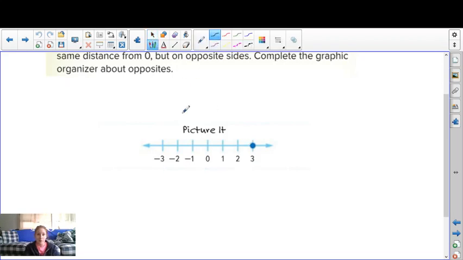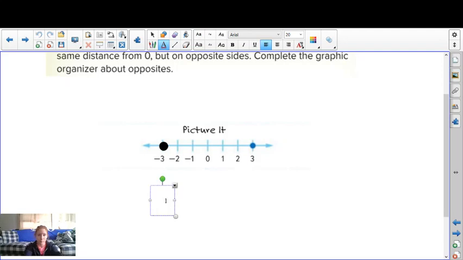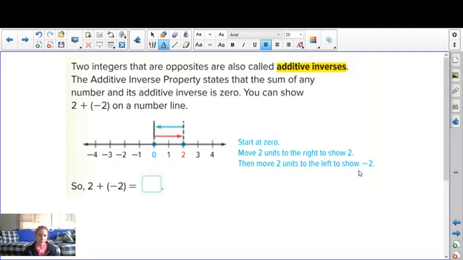Right. The opposite of 3 would be -3. All right, 2 integers that are opposite are also called an additive inverse.